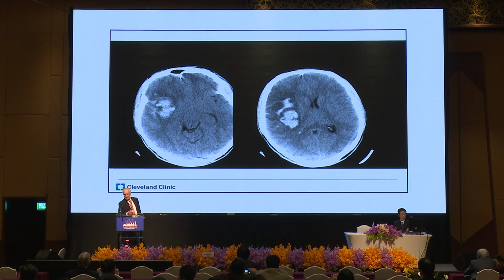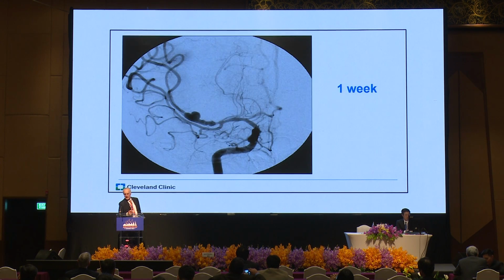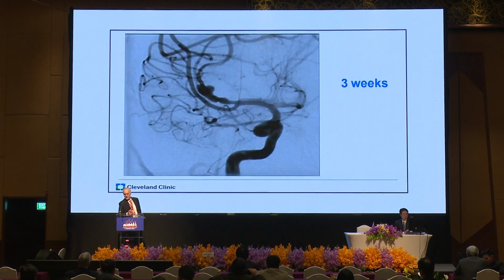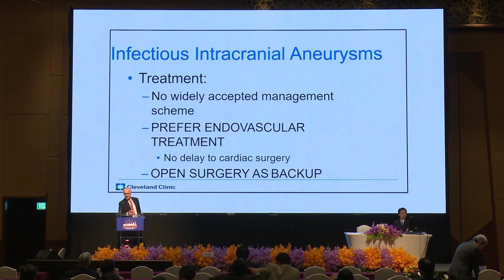He had a bleeding, and he had this aneurysm on the first, and of course you can see that it's in a major artery, and you can't just sacrifice that artery, so they were conservative initially, and it grew in size, and it grew even more in size, so they said we've got to do something. So we treated them with antibiotics, and then they actually did an external carotid to middle cerebral artery bypass and excised the aneurysm, sacrificing the artery.